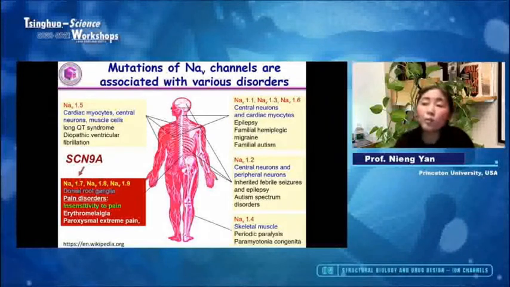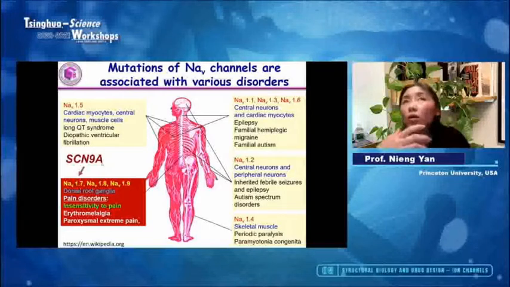In fact, two years before this report, several groups had independently reported mutations in the same gene, SCN9A, that are associated with extreme pain syndrome.